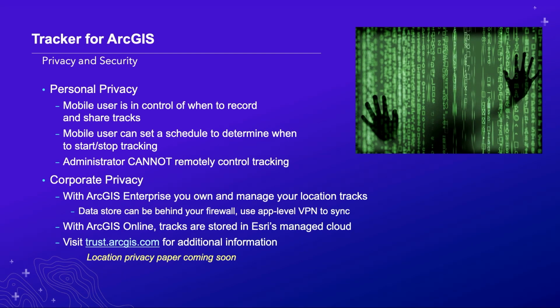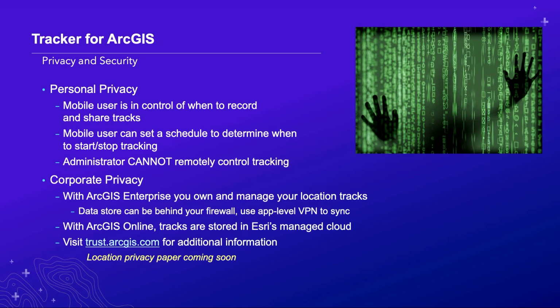You're managing the storage of those location tracks as well. I would encourage you to have an operating procedure within your organization where you can truncate tracks for employees that have separated from your company so that you remove any history of their location. But outside of that, with ArcGIS Enterprise, you're in complete control.